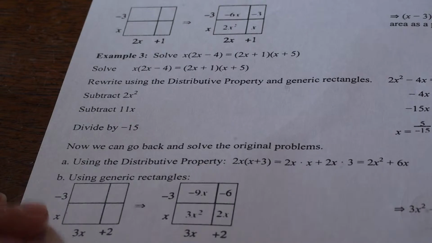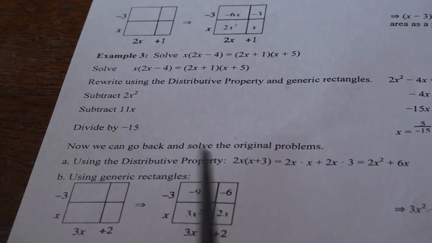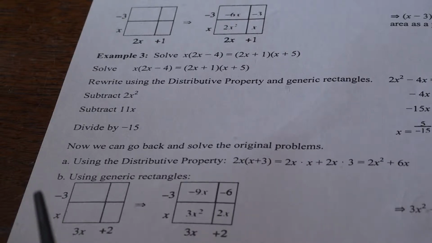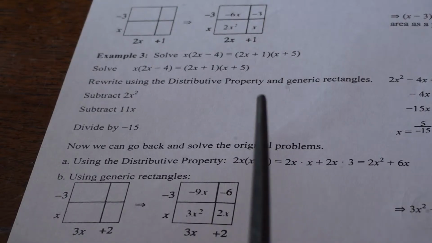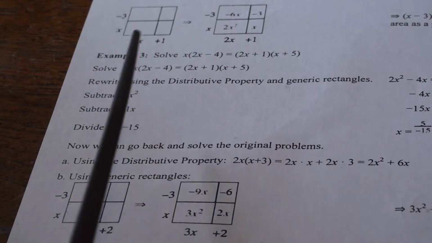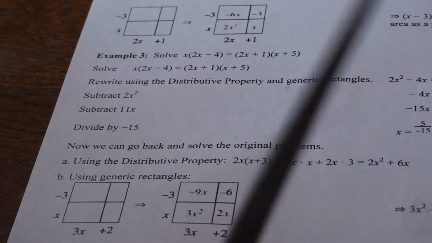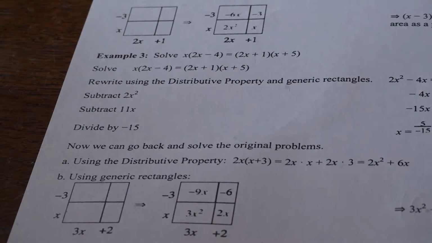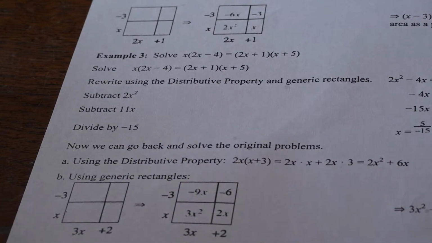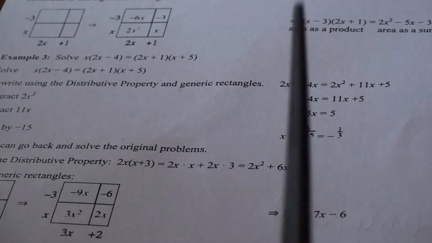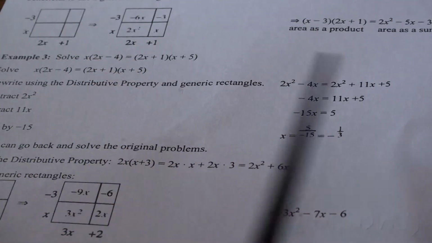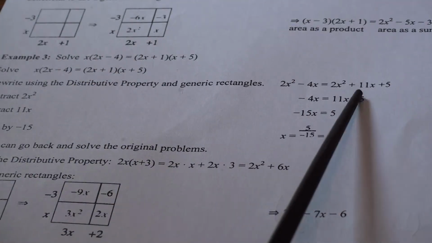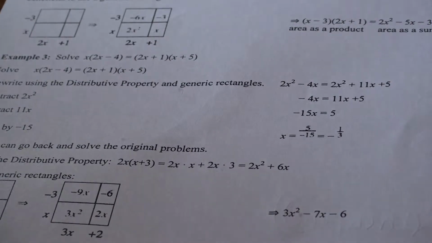Example number 3. Solve x times the quantity 2x minus 4 equals the quantity 2x plus 1 times the quantity x plus 5. So the first thing we do is we have to multiply. X times 2x gives me 2x squared, and x times -4 is -4x. The next thing we need to do is when you multiply using rectangles, you get 2x squared plus 11x plus 5.